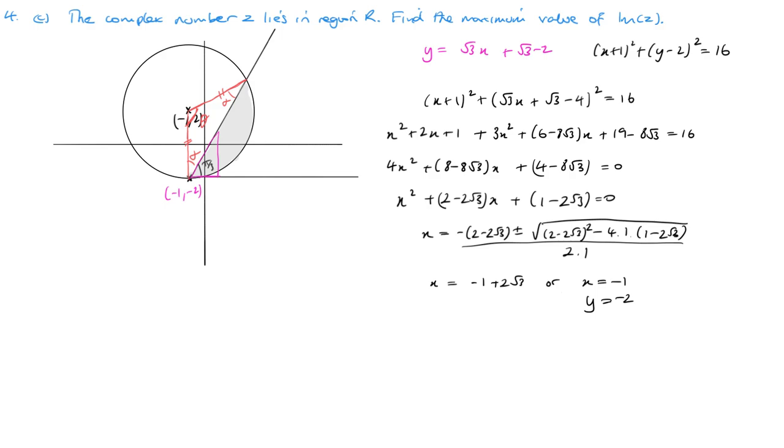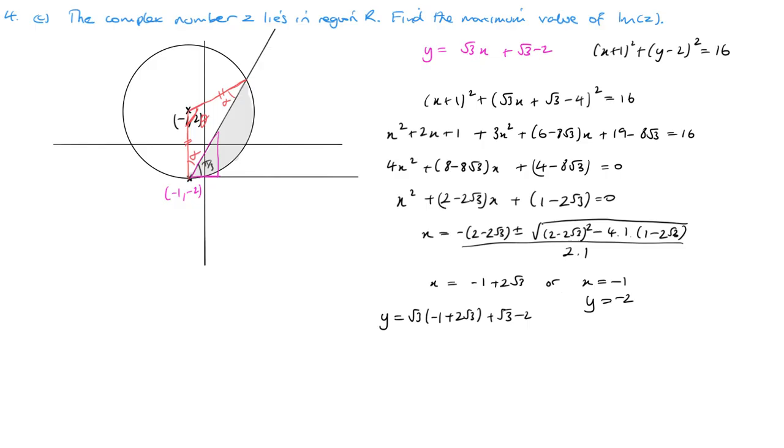So just moving that up to give me more room, we've got y equals root 3, and then I put my x in, plus root 3 minus 2. So I'm subbing this into here, where x is the minus 1 plus 2 root 3.